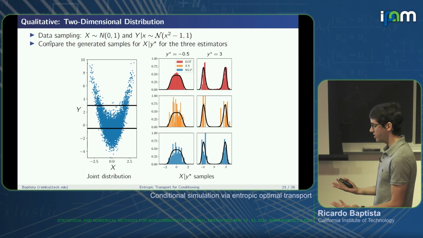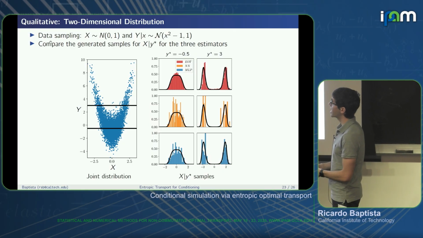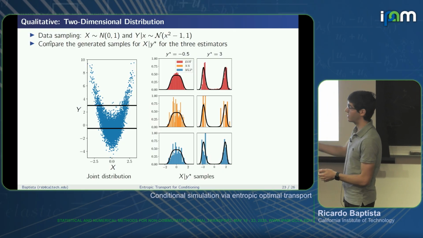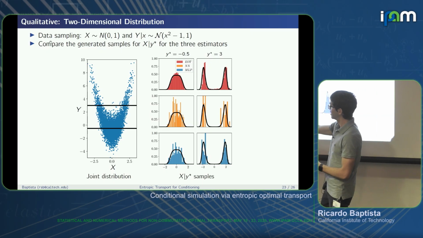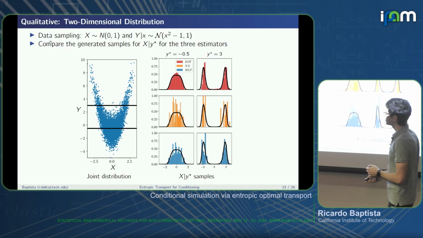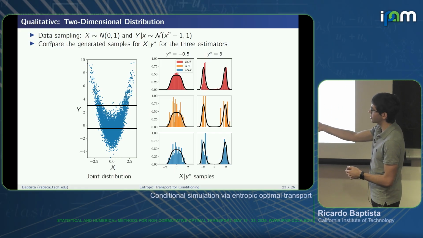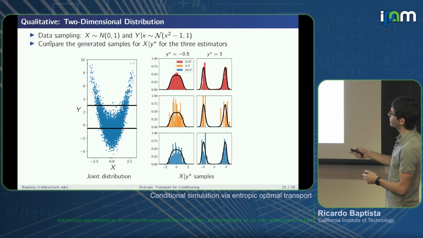Next, we just looked at how these estimators perform for problems where we don't have the closed form map. So we considered, again, my favorite banana distribution, trying to sample from different conditionals of this distribution, for these one-dimensional conditionals, these slices for x given y.